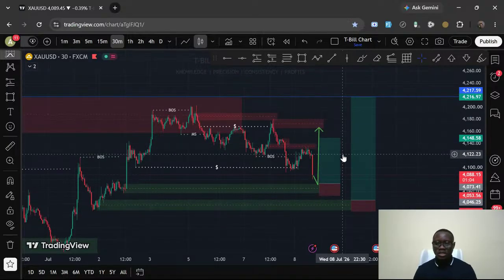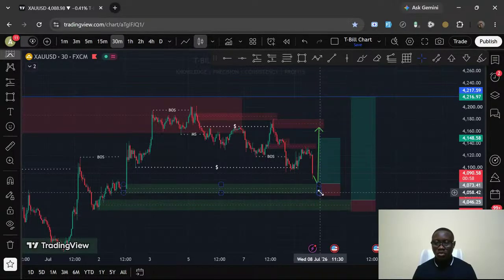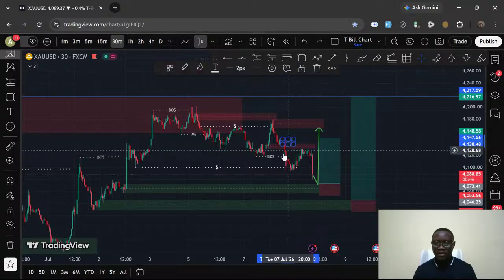Okay, so this is what I'll be looking at for a potential buy opportunity on gold at this zone or at this zone. And for a sell, this to me is not a very strong zone, right? The zone we could have entered for a sell was this breaker block right here, and as you can see, it's already selling.